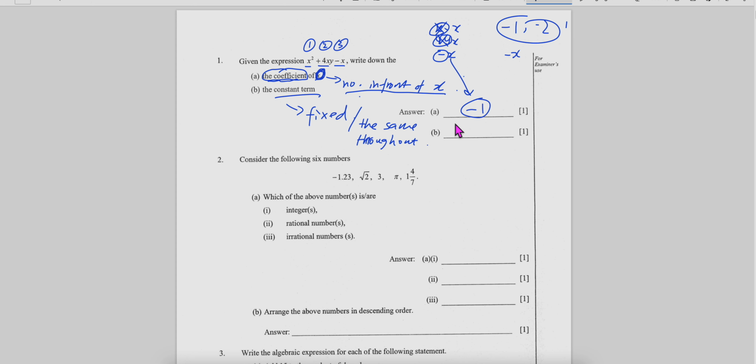Is the answer fixed? No. So does the constant term exist? No. Yeah, so no answer. No answer is also an answer, okay? Good. So that's how you get the answer to question 1, for constant term and coefficient of anything.